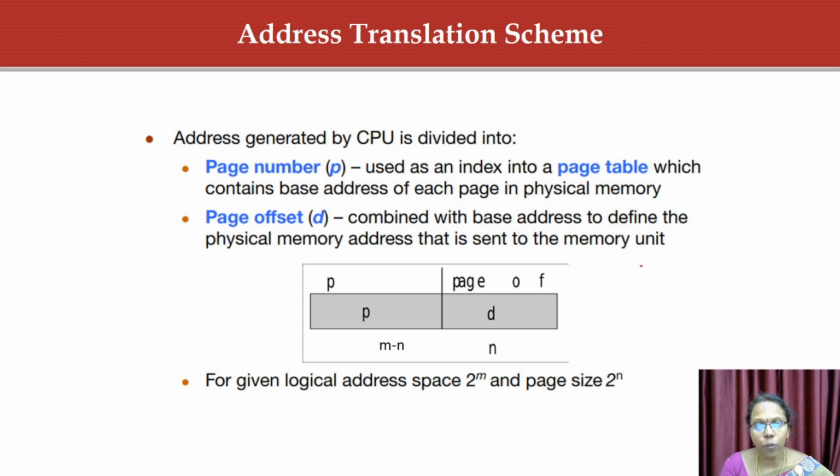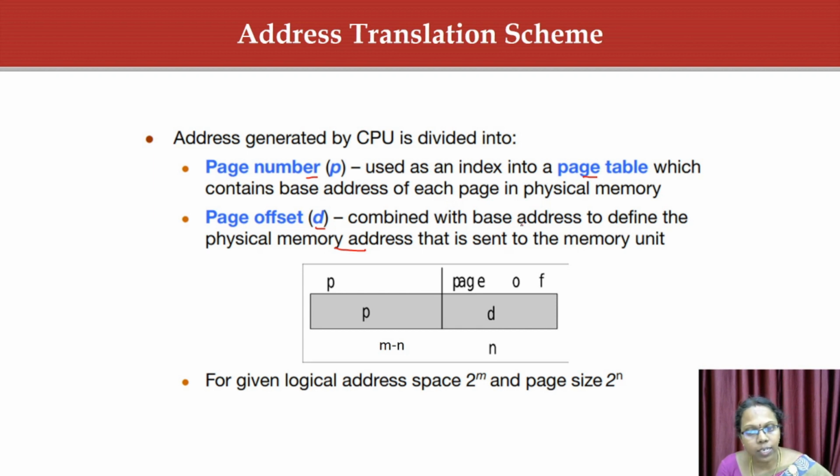The CPU-generated address is divided into a page number and an offset. The page number is used as an index into the page table, which contains the base address of physical memory, and the offset is combined with the base address to define the physical memory address that is sent to the memory unit.